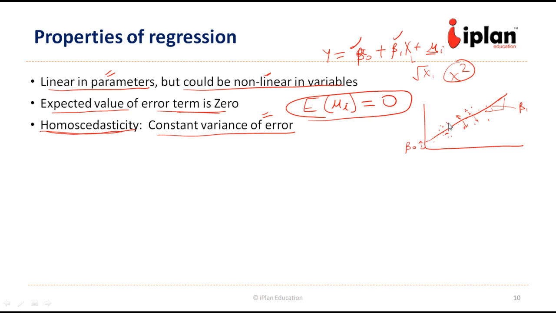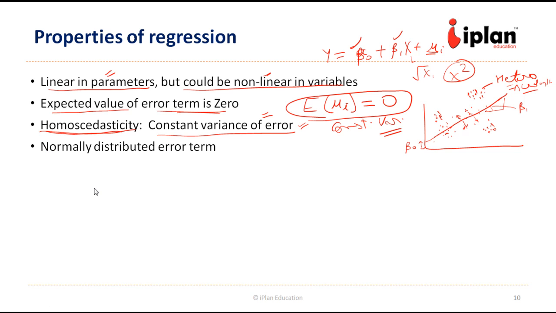So if the average is 0 and the variance of the error is the same everywhere, it is not that there are clusters. If there are clusters of elements at different places, that represents a heteroscedastic situation. That says the variance of error is not constant everywhere. But in linear regression, we are assuming that the error is homoscedastic, or it has a constant variance everywhere.